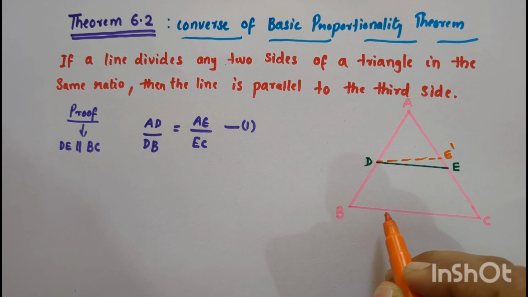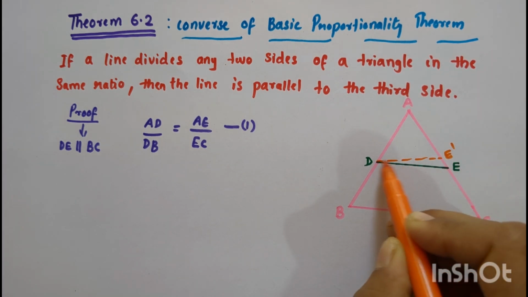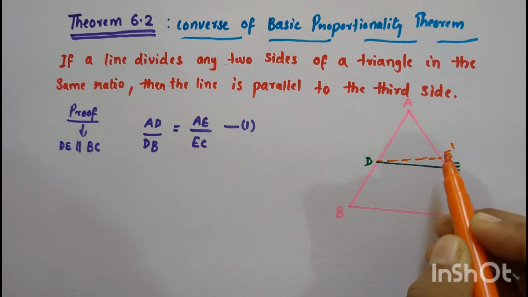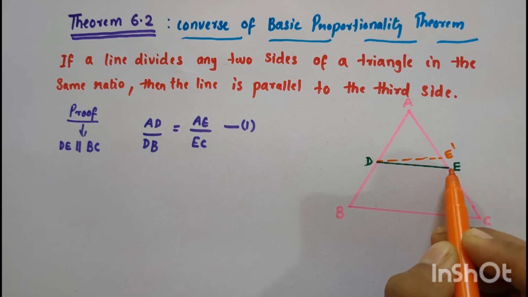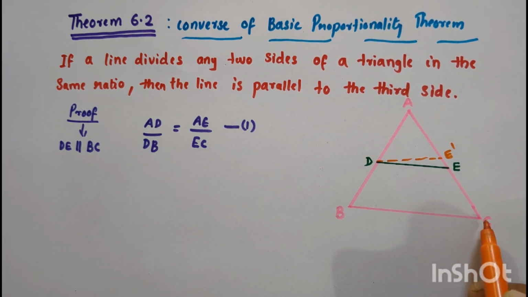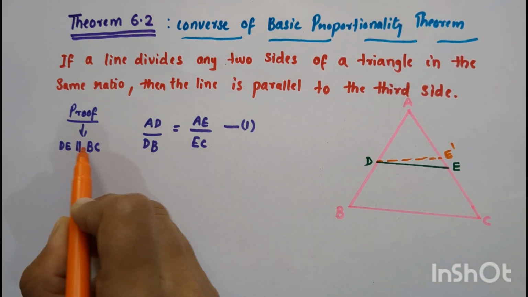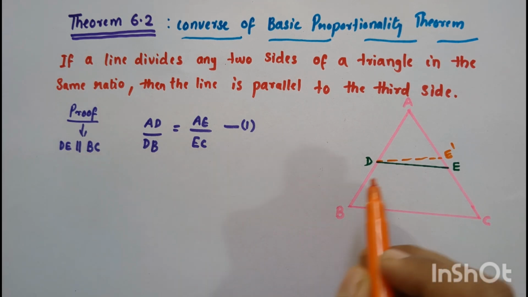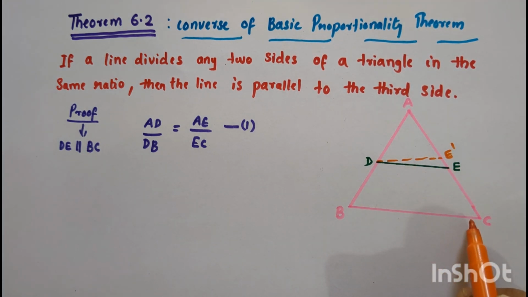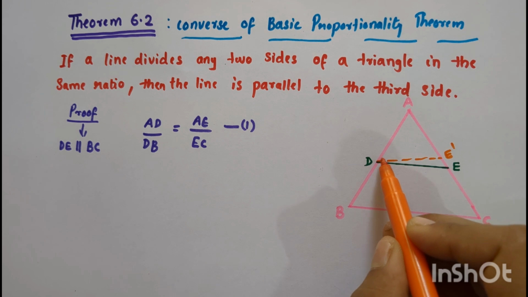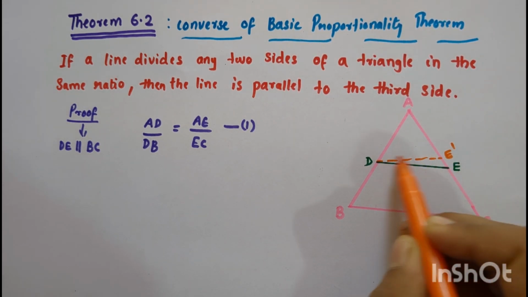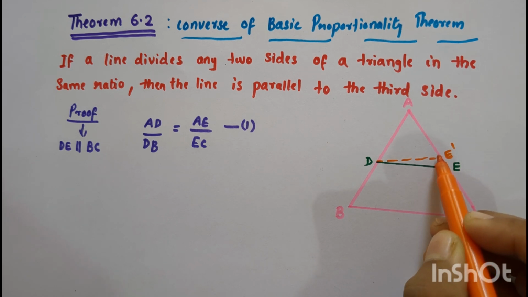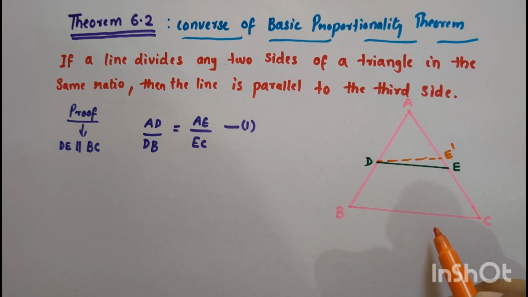We actually want to prove that DE is parallel to BC, but we are assuming that DE is not parallel to BC. And let us consider another line DE dash, which is parallel to BC.